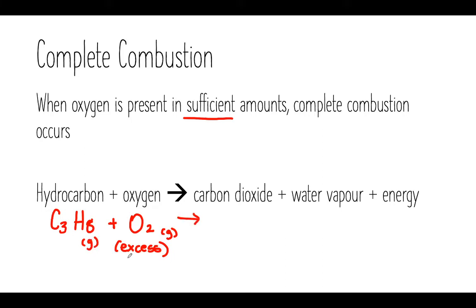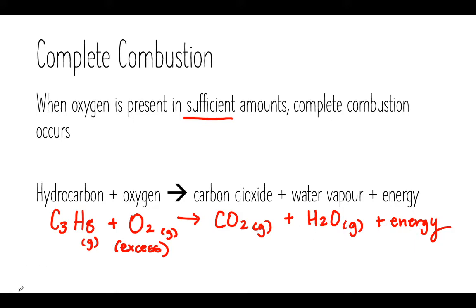And when there is excess or enough oxygen present, it produces carbon dioxide gas as well as water vapor plus energy. Now, the hydrocarbon might be different in different situations, right? So you might get a different hydrocarbon each time, but it doesn't matter because the products for complete combustion are always carbon dioxide, water vapor, and energy.